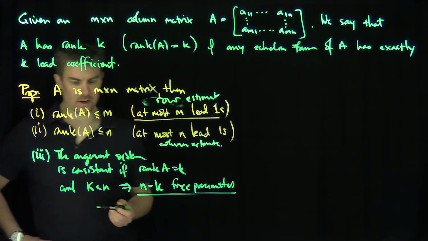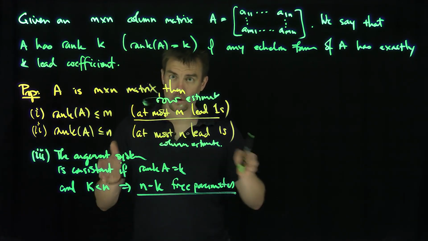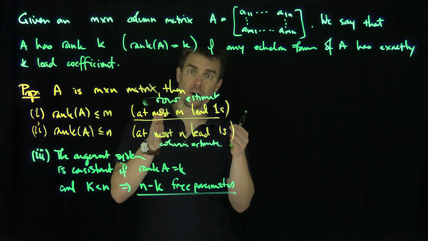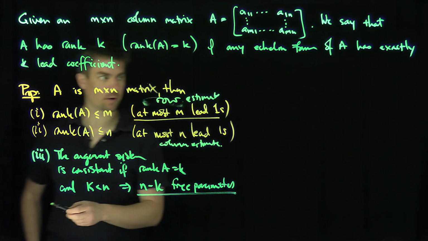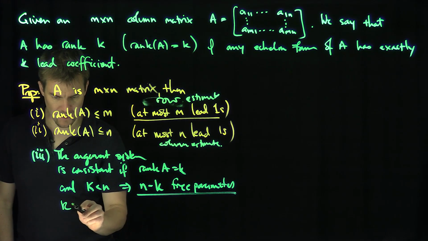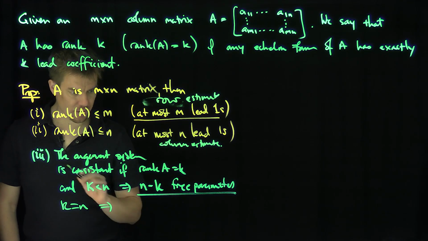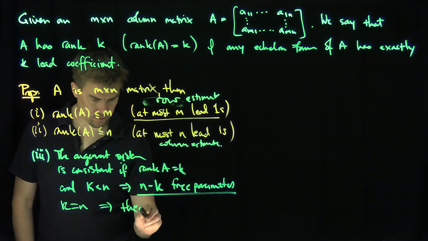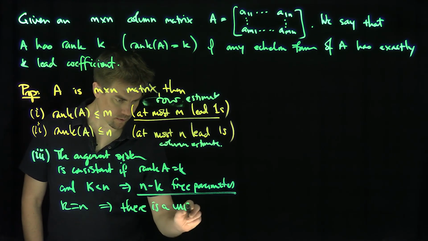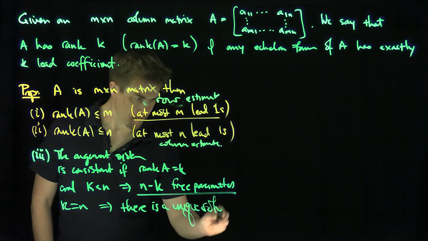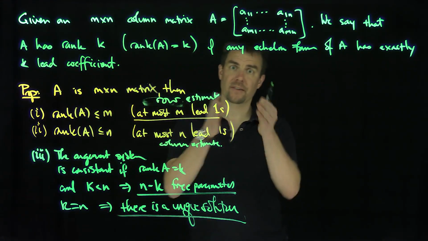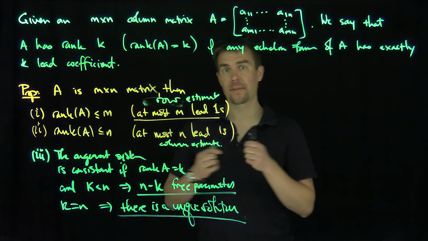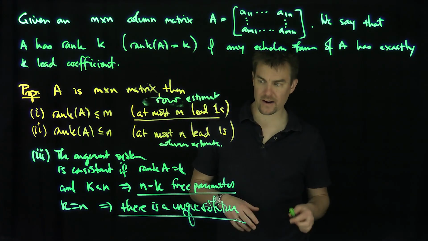That's because if there are fewer lead 1s than columns, there are going to be some free variables, exactly n minus K of them. And if K is equal to n, then there is a unique solution. There are no free parameters, because I've basically taken up all the columns by the rank of the matrix. Okay, so that's the way we think about the rank of a matrix.